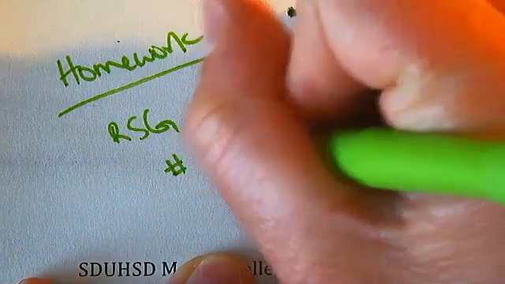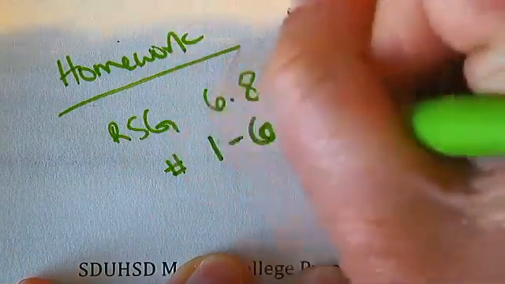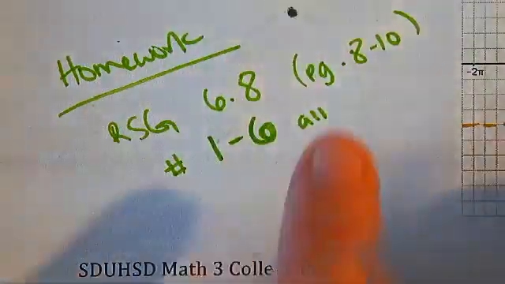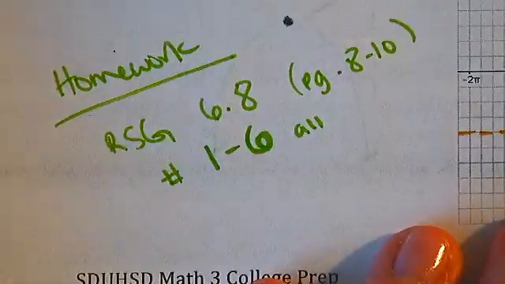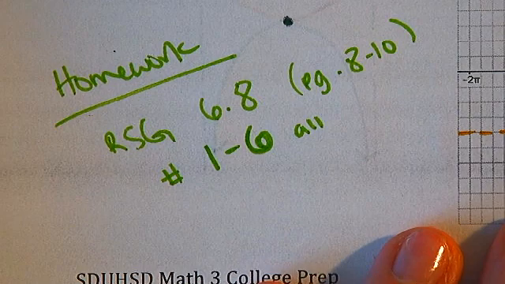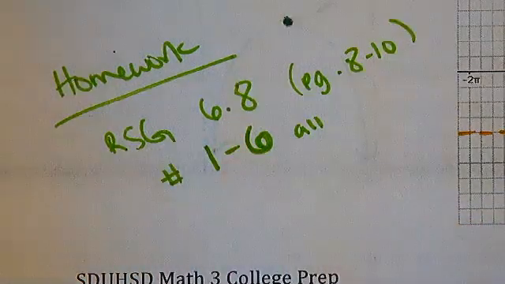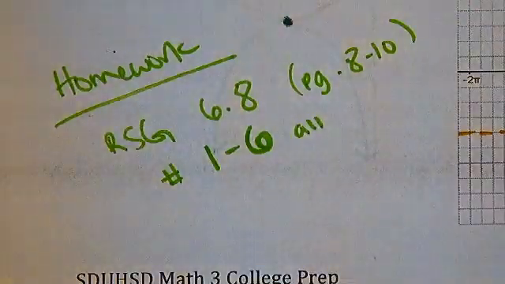And you're going to be doing numbers 1 through 6. All of them. The key will have everything, which I believe is 1 through 8, if I remember correctly, but you're only required to do 1 through 6. Okay. Have a good day, guys.